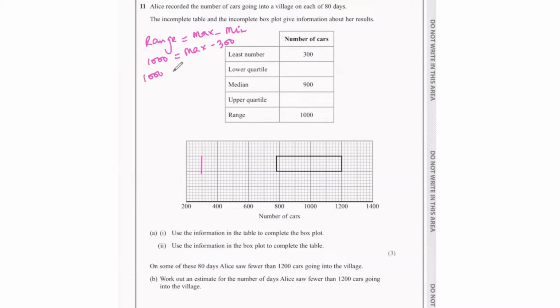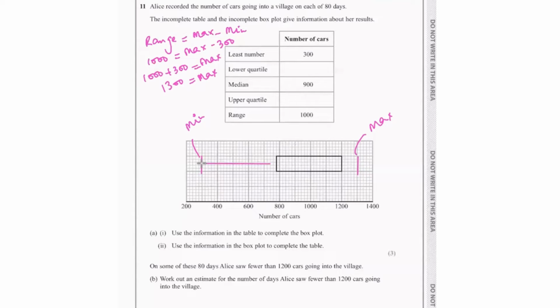So that's 1000 plus 300 equals the maximum value, which is 1300. So we draw a line at 1300. This shows us our maximum value, maximum, minimum.